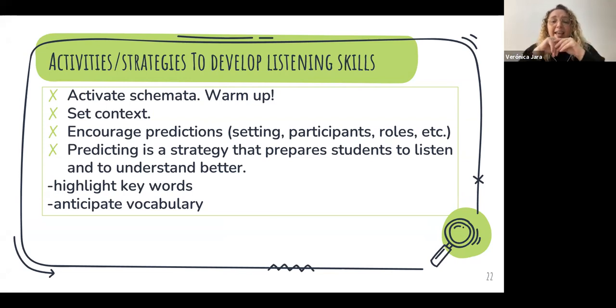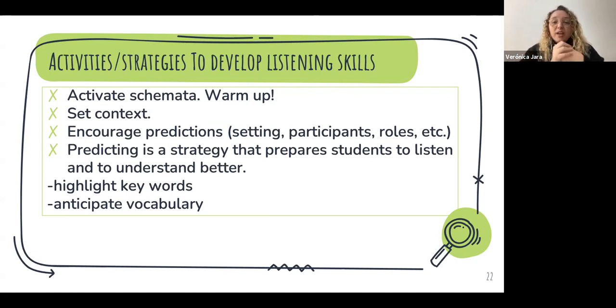Encourage predictions in terms of the setting of that conversation or monologue or whatever, and in terms of the participants, the roles, the relationships. Predicting is a strategy that prepares students to listen and to understand better. And as we said some minutes ago, we are always predicting, trying to anticipate what we will be listening to.